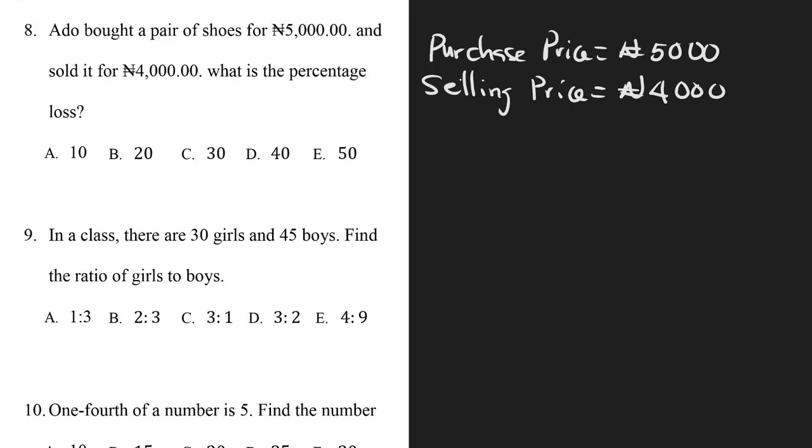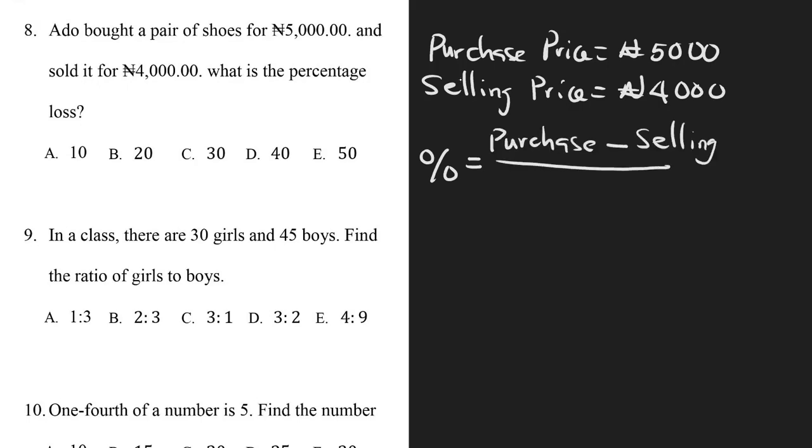The formula is usually percentage loss is equal to purchase price minus selling price over purchase price times 100, since it is in percentage, over 1, right? So what is our purchase price?